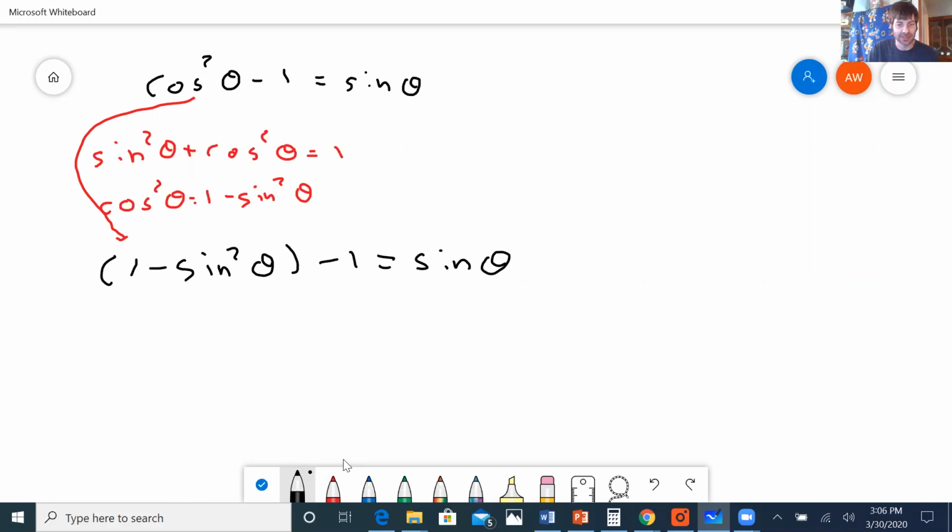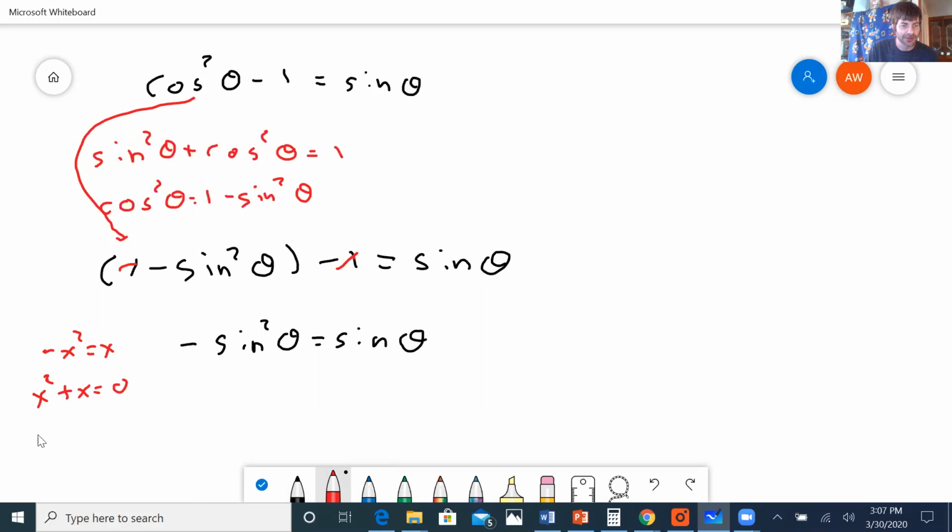So now it's just a matter of, the ones just cancel right off. And I have negative sine squared theta equals sine theta. So what I want to do is think of this as if I was solving this equation. I would say x squared plus x is equal to 0. Then I would factor out the x, and I'd say x is 0 or negative 1.